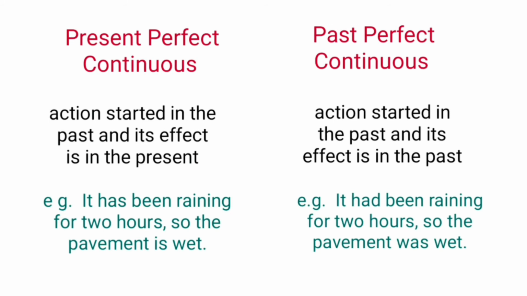Here, the result of raining is that the pavement is wet. The word is indicates that the effect of raining is in the present, while in the past perfect continuous tense, it had been raining for 2 hours, so the pavement was wet. Here the word was shows that the effect of raining is in the past.